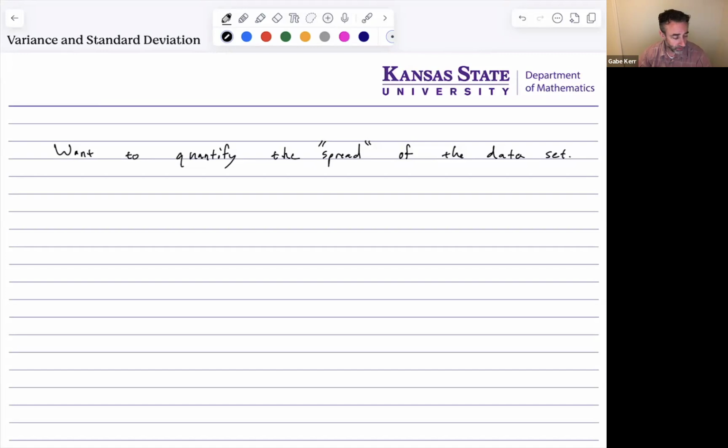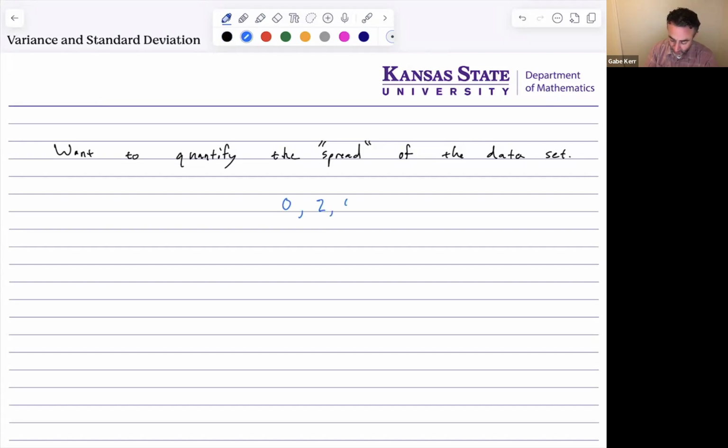Range tells you the width of your data in some way, or in the interquartile case, the width of the middle 50% of your data. So how do we do this with variance and standard deviation? I'm going to give three data sets as an example.